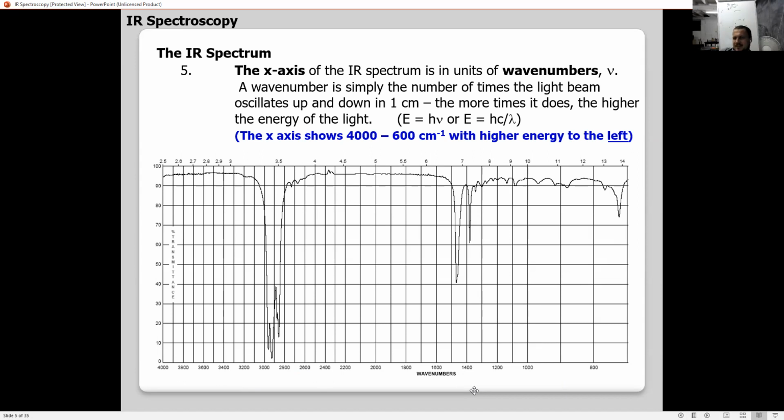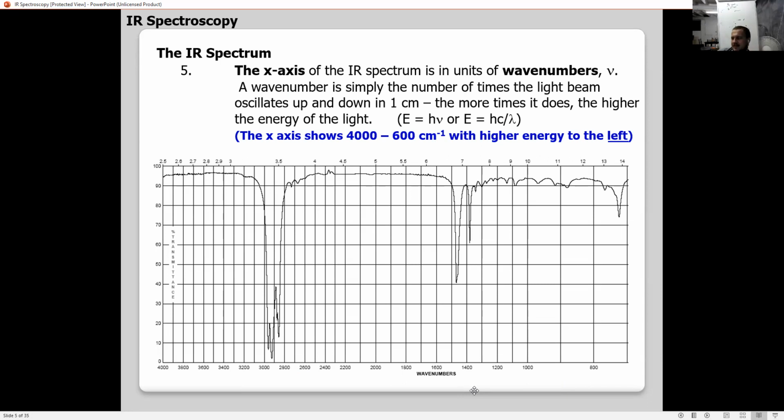The more times it does this, the higher the energy of the light. We shine certain wave numbers of light or energy levels of light through a sample.